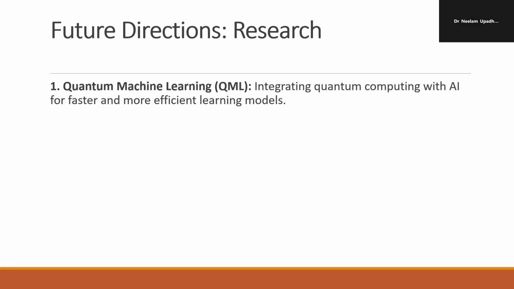First we need to focus on quantum hardware and quantum machine learning algorithms, integrating quantum computing with AI for faster and more efficient learning models. We need to develop various algorithms related to AI and AI-related industries.